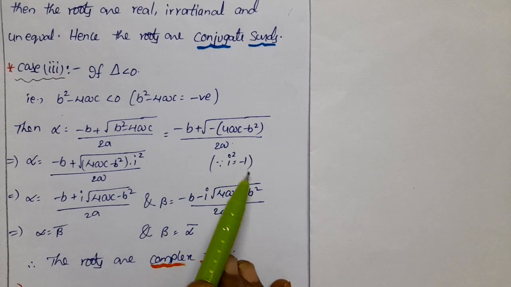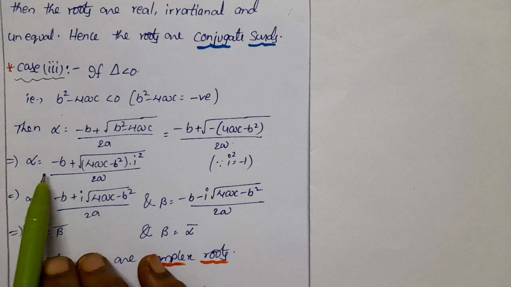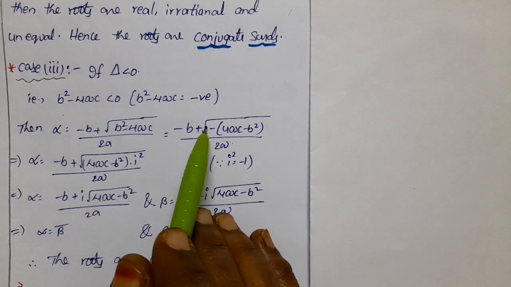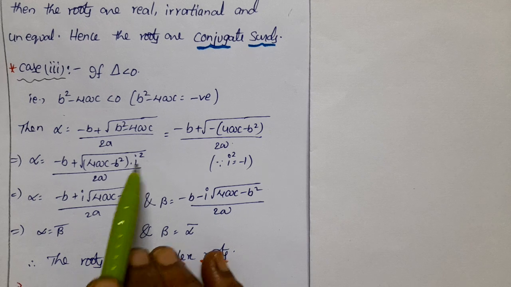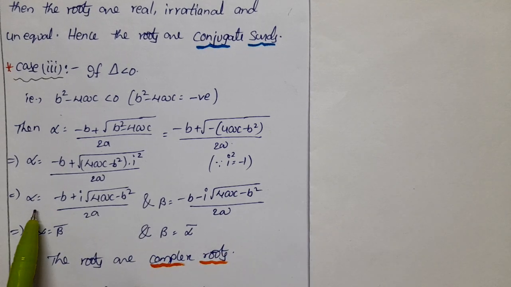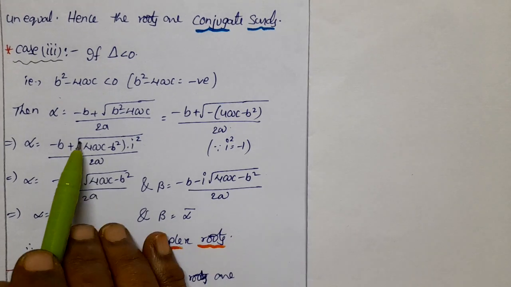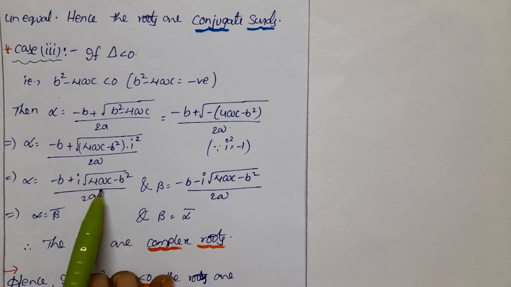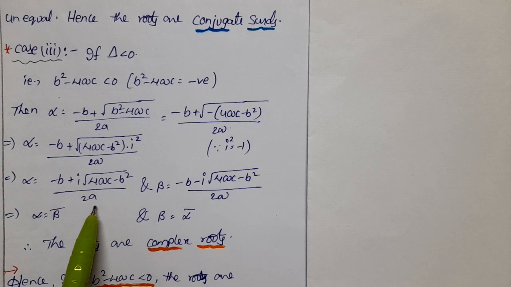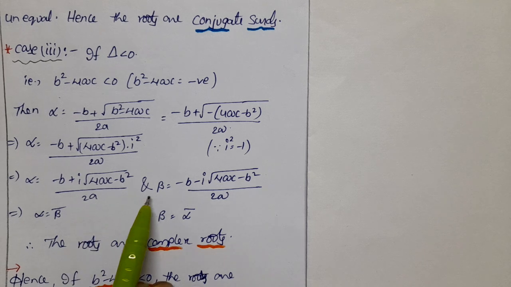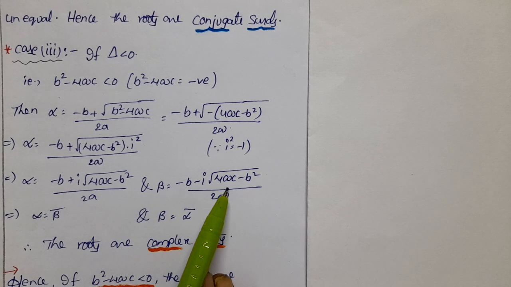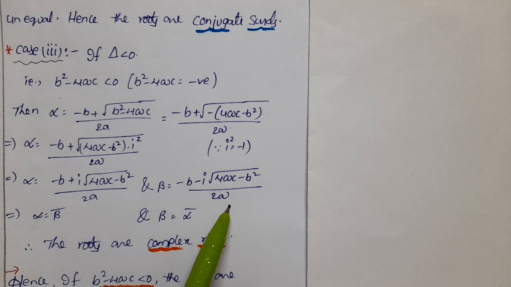This minus 1 can be written as i square. So alpha equal to minus b plus square root of 4ac minus b square into i square by 2a. Then alpha equal to minus b plus i into root of 4ac minus b square by 2a, and also beta equal to minus b minus i into square root of 4ac minus b square by 2a.